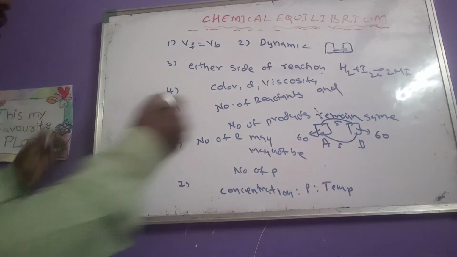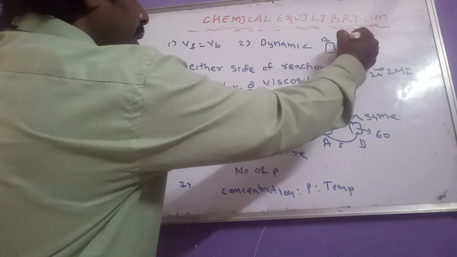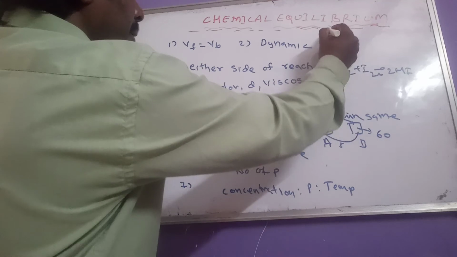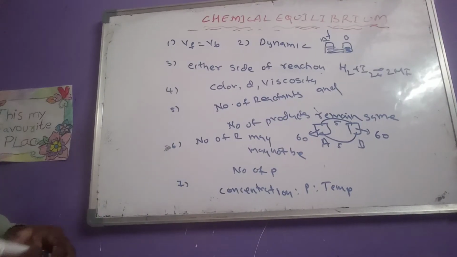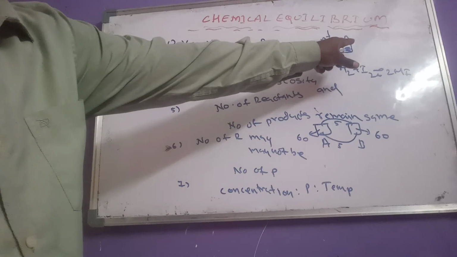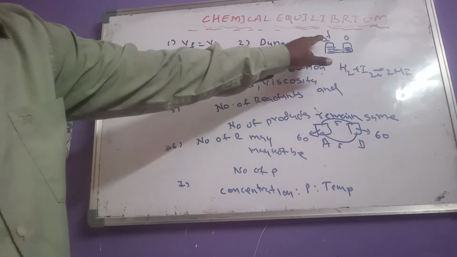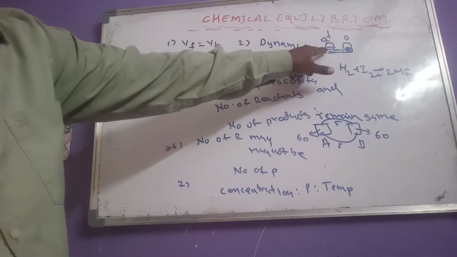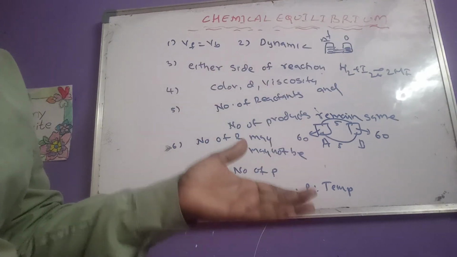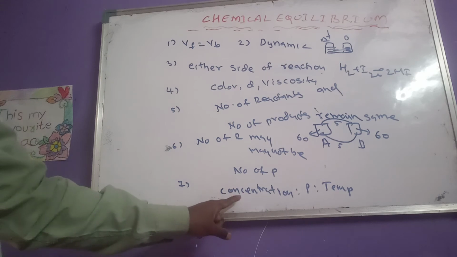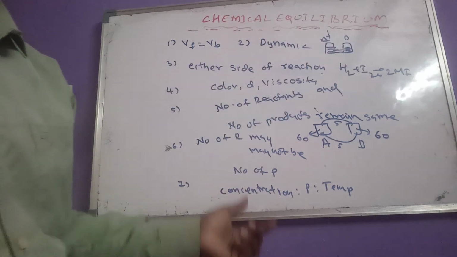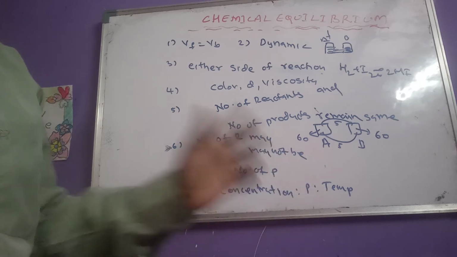For example, here in A and B, water is present at equilibrium. Now, by adding some more water in the A vessel, what happens now? Forward reaction takes place vigorously. That means by changing the concentration, what happened here? There is somewhat more forward reaction. So like that, by changing the concentration of either reactants or products, one can change the position of equilibrium.